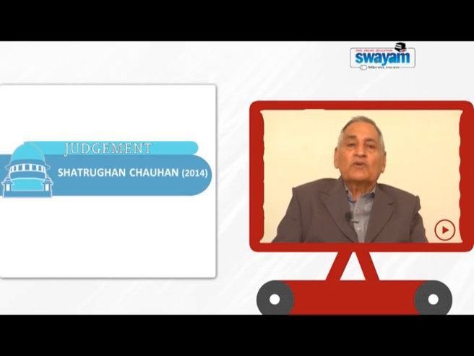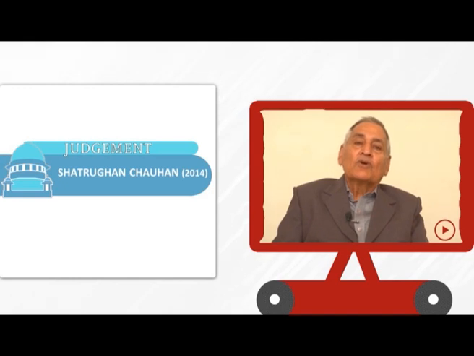The Supreme Court decided in Shatrughan Chauhan's case that rejection of mercy petitions after a long delay amounts to violation of the constitutional right guaranteed under Article 21. Therefore, the court almost revisited its own earlier decision in which it had awarded the death sentence, but because of delay at the executive stage, it reverted and commuted the death sentence to life imprisonment.